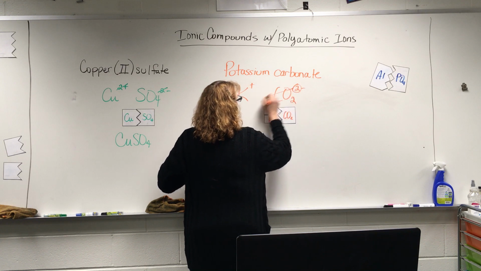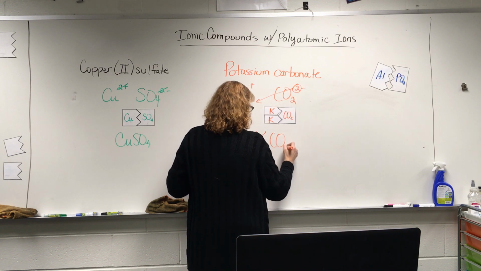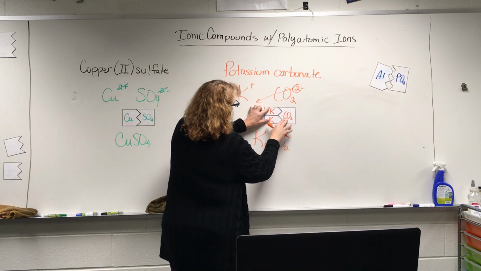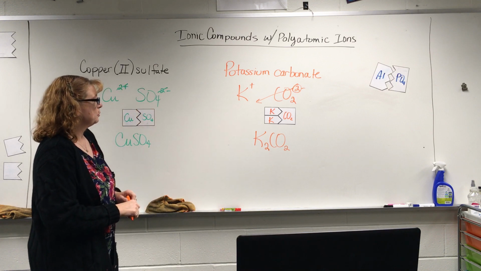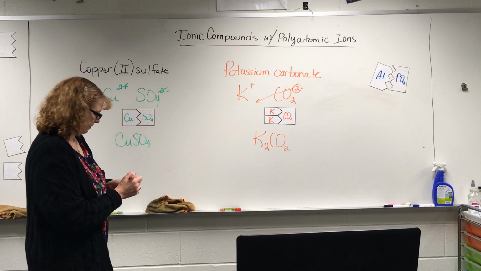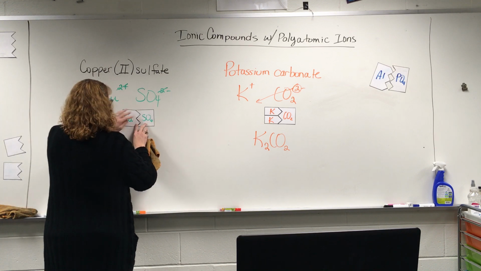That 2 goes here. So it's K2CO3, because there's nothing there, so we don't have to cross over anything with that one. Okay? Still pretty easy, right? Nothing you hadn't been doing before.